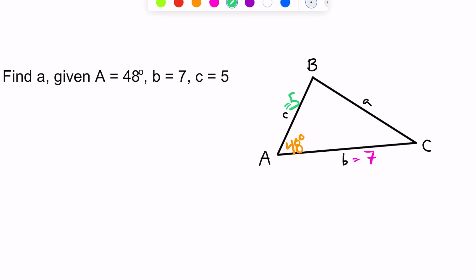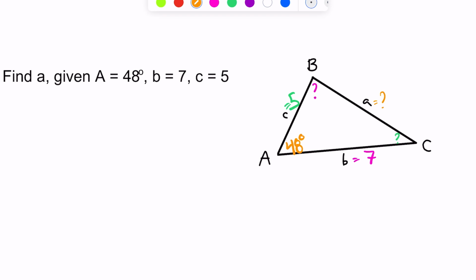And so what I was talking about earlier is when we use the law of sines, we need an angle and its opposing side. I don't have C, right? I don't have the angle of C. I do not have the angle of B. That's also a question mark. And then I do not have the side length of A. So I don't have an angle and its opposing side.